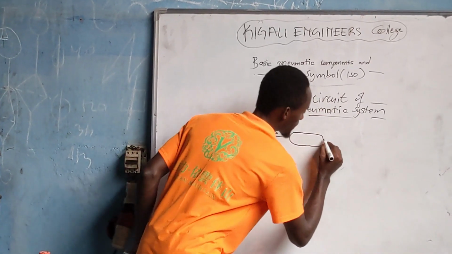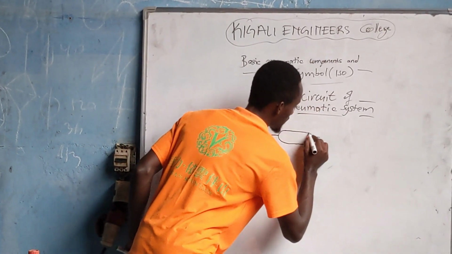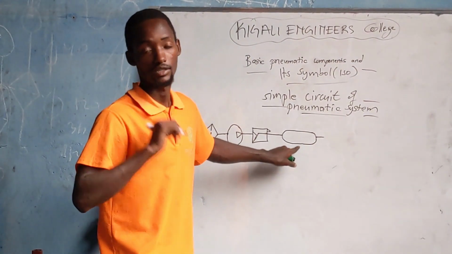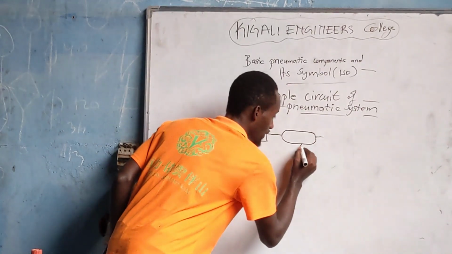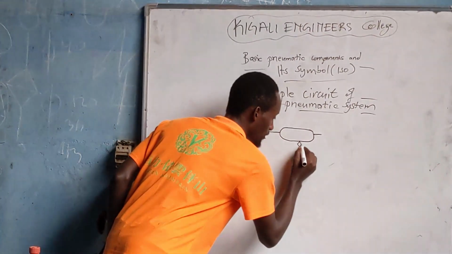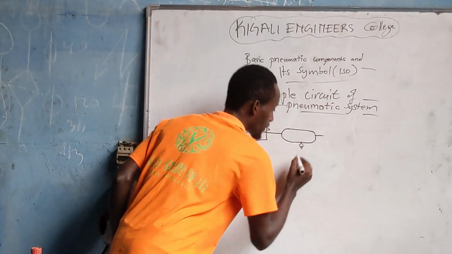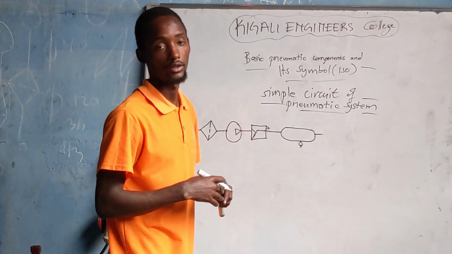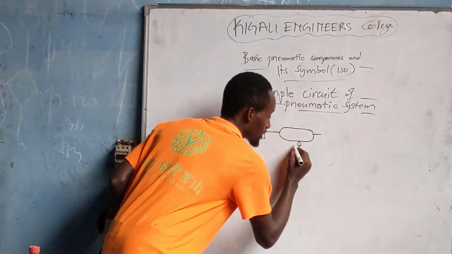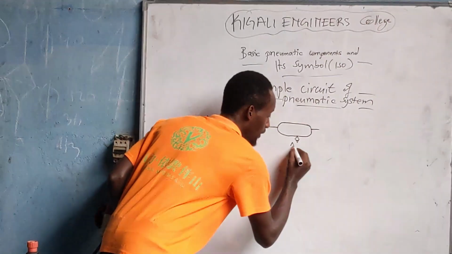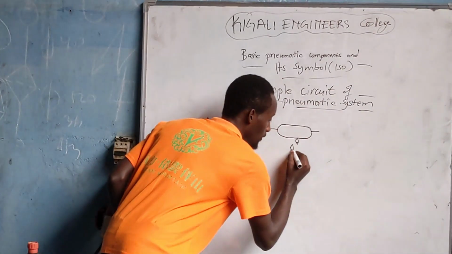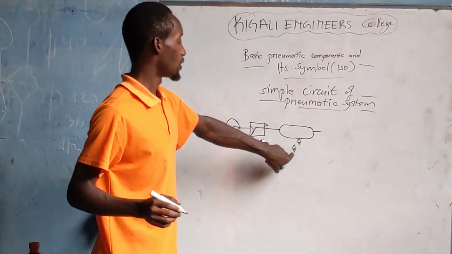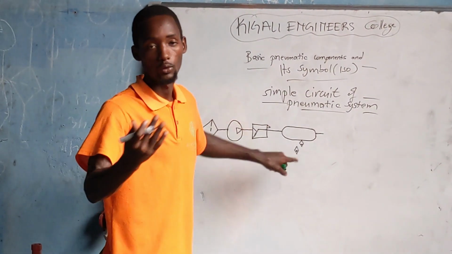Not perfect in drawing, but I just try. This is the symbol of the compressed air reservoir. It must have the drain valve. There is the manually operated drain valve, and there is also an automatic one. It is represented by this symbol. This is the automatic drain valve.